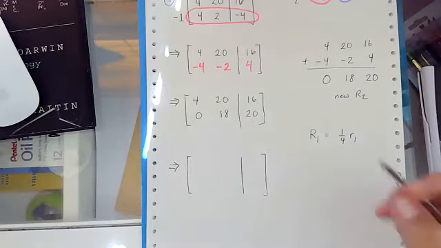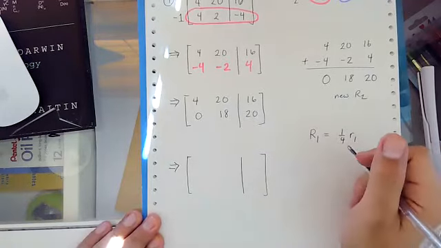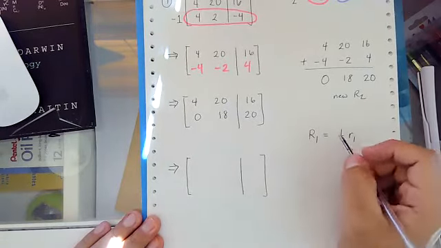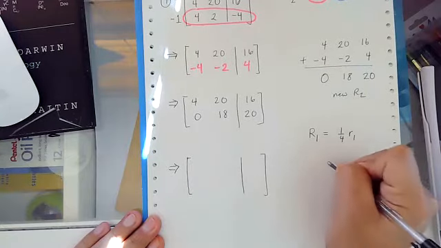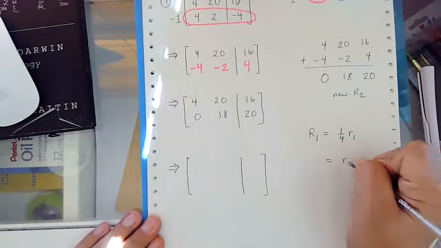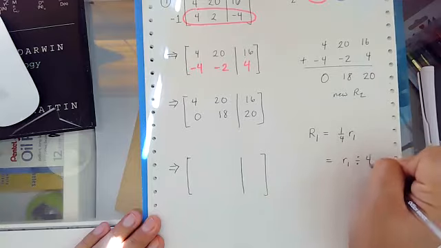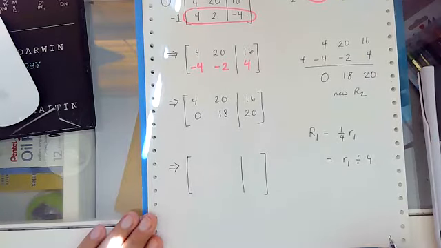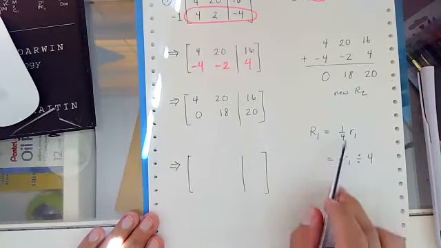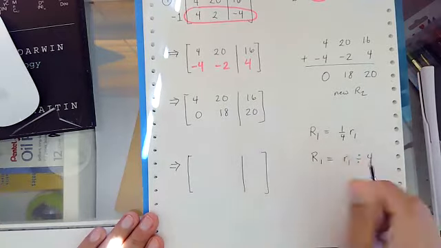And just as a fun fact, multiplying by 1/4 is the same thing as taking row 1 and dividing by 4. So you could do either of these operations and you would get the same result, okay?